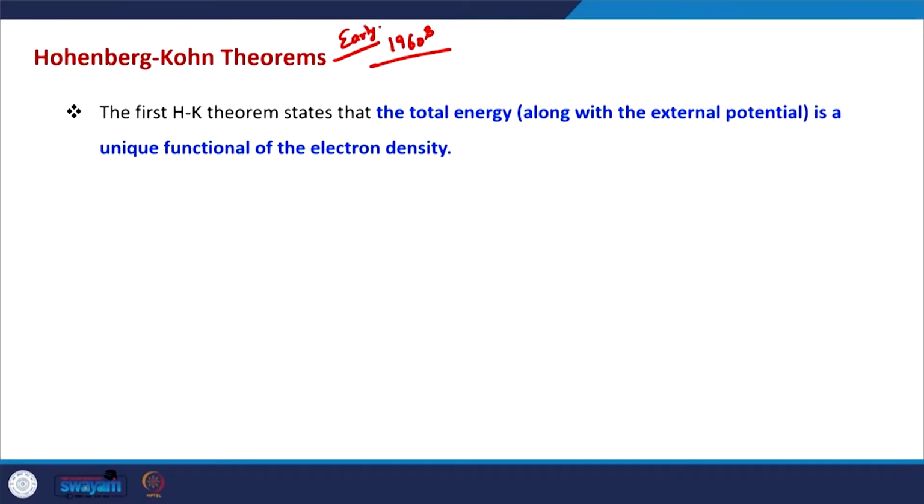What the first HK theorem, the Hohenberg-Kohn theorem, says is that the total energy of the system is a unique functional of the electron density.